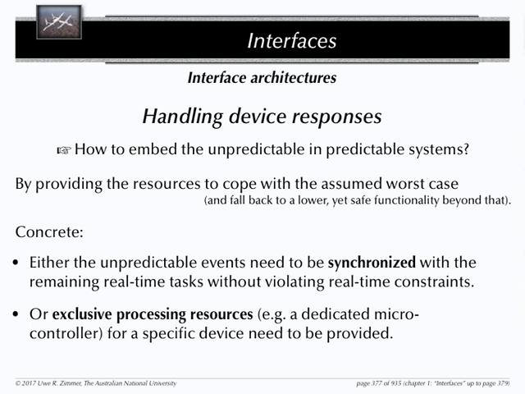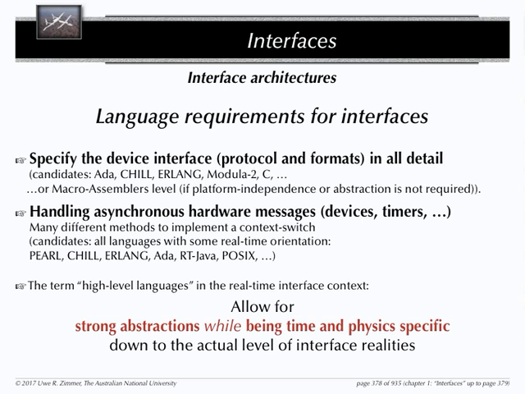And what are our language requirements for real-time and embedded systems? We need to be able to be very specific to actual protocols and formats of our hardware interfaces, of our hardware devices. And we saw a few possibilities to do that. You can leave it to the compiler and do it by formulating data types. You saw these bit-aligned records which are interacting with your hardware, and then you leave it to the compiler to actually set the bit to the right value.